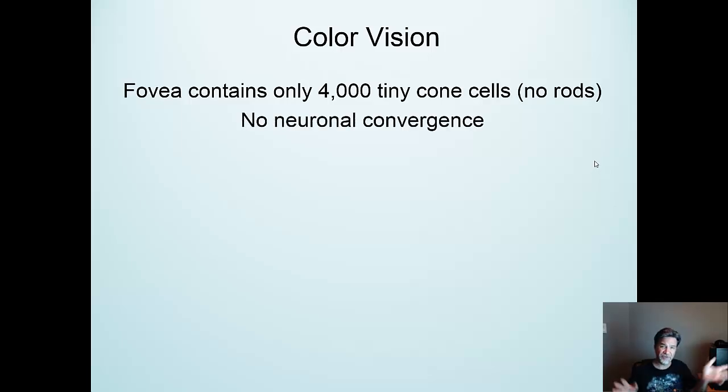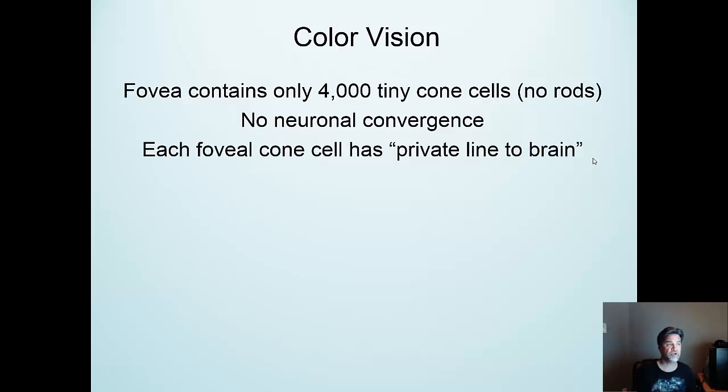Obviously, because there are over 1 million cone cells, we have them spread throughout the retina. But in this place, this is the exclusive zone for cone cells. There's no convergence. You want resolution. You want the sharpest possible vision you can produce to occur here, and you want no convergence. So each cone cell has its own direct line to the brain.